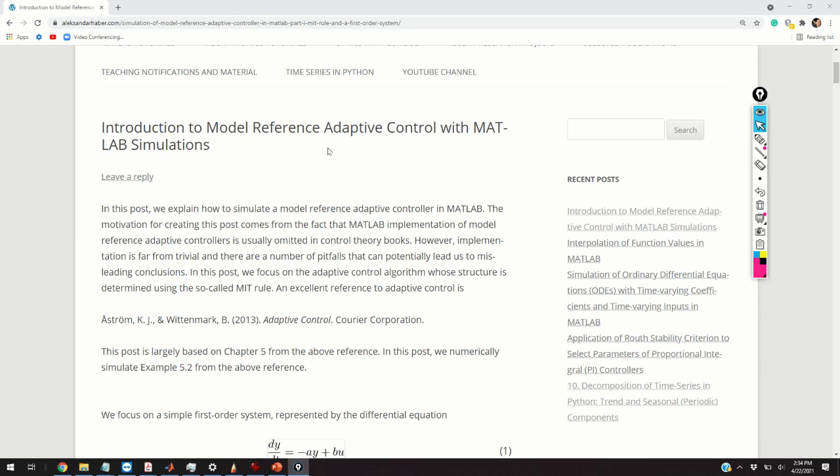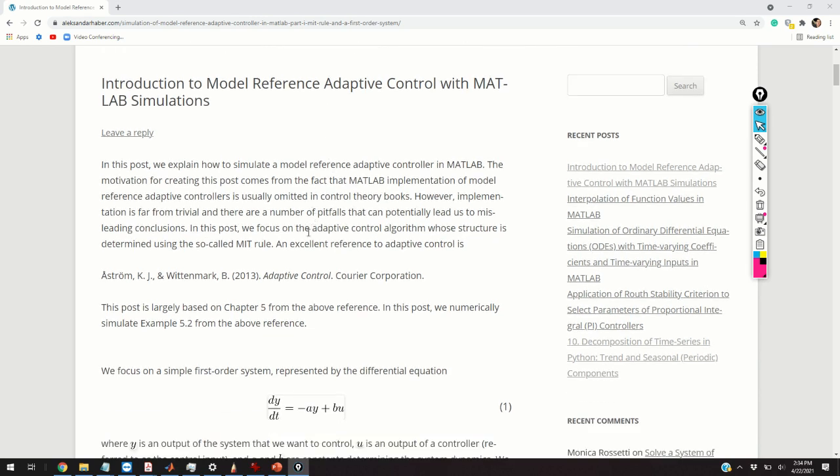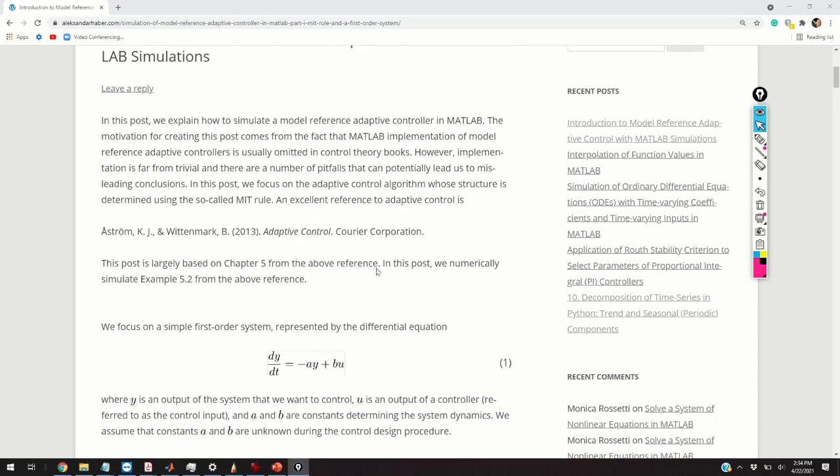However, implementation is far from trivial, and there are a number of pitfalls that could potentially lead us to misleading conclusions. So I wanted to clarify how to implement a model reference adaptive control algorithm in Matlab, since this is a very important topic that's often overlooked by people who are teaching control theory.